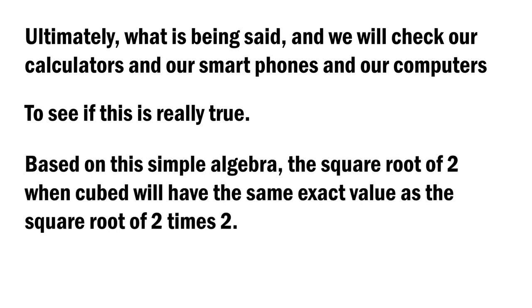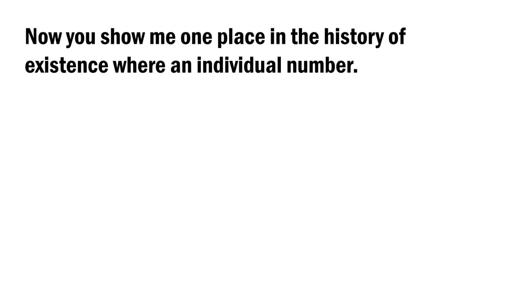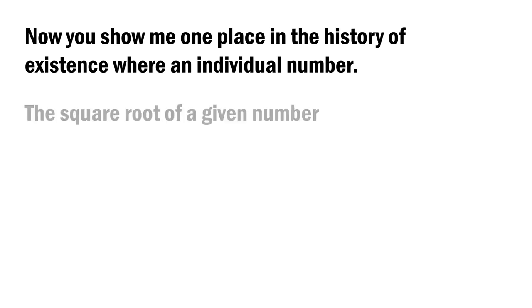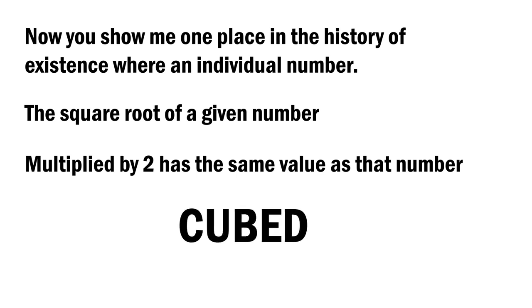Based on this simple algebra, the square root of 2, when cubed, will have the same exact value as the square root of 2 times 2. What in the world? Now you show me one place in the history of existence where an individual number, the square root of a given number, multiplied by 2 has the same value as that number cubed.